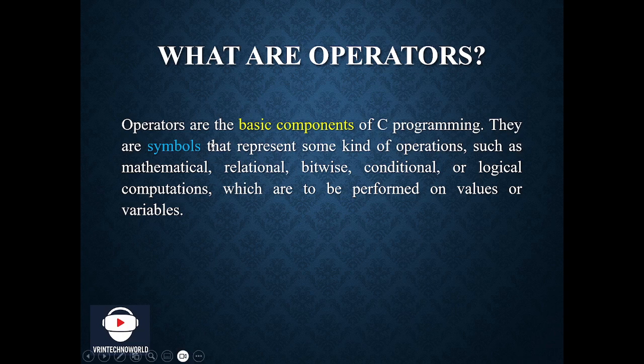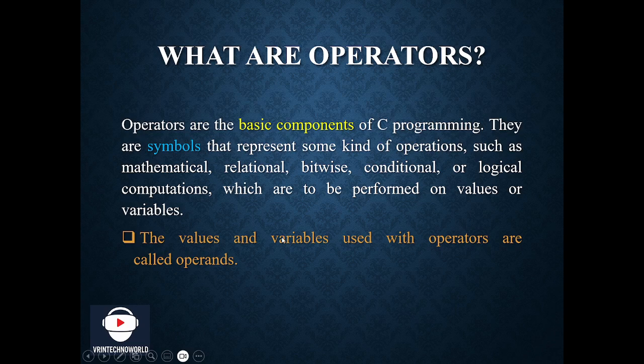These are symbols used to represent some kind of operations, just like arithmetic operators: plus, minus, modulus, divide. We also have assignment operators and logical operators. So, we have various kinds of operators, and with their help we apply logic through programming to solve real-life problem statements.